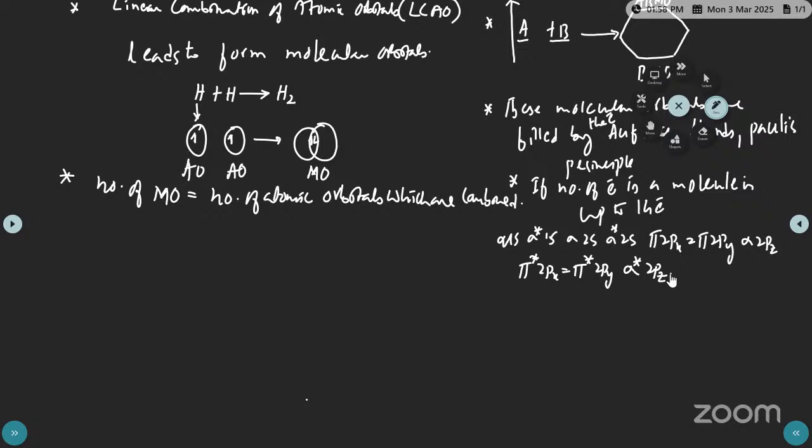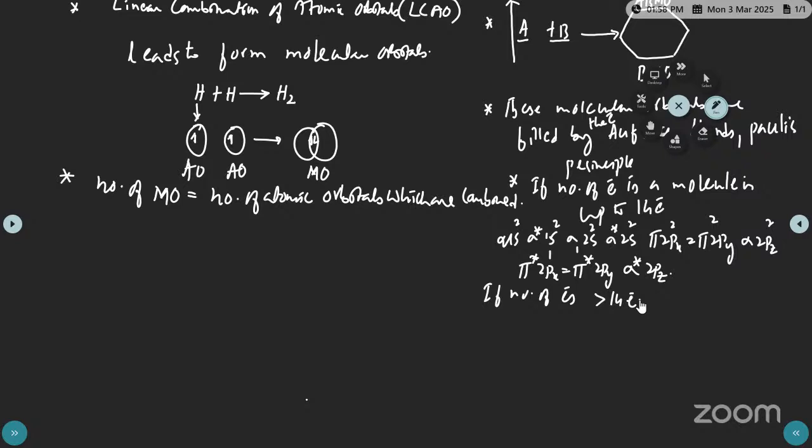For example, 2, 2, 2, 2, so up to this is 10, and next 12, 13 and 14. So up to 14, you have to follow this molecular orbital electronic configuration. If above 14, the configuration is different.